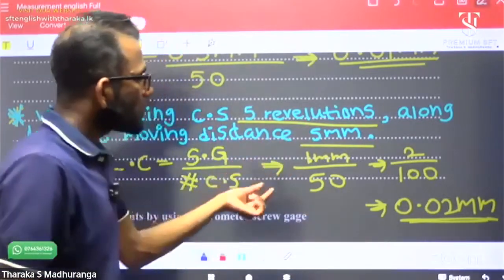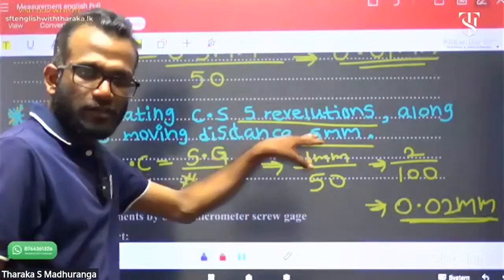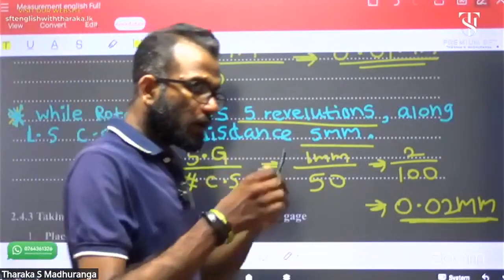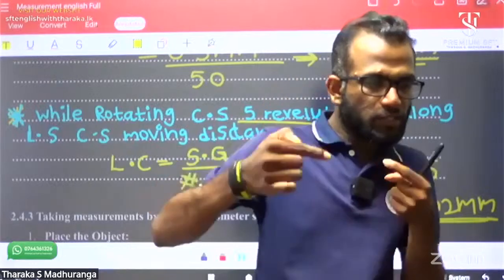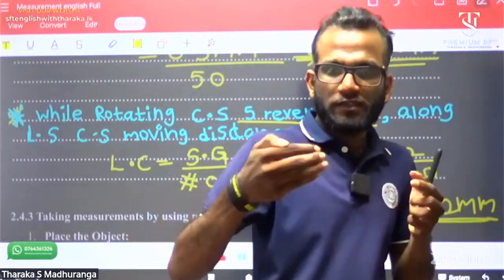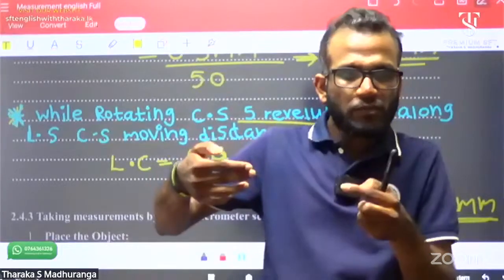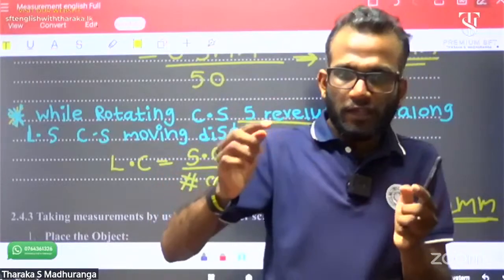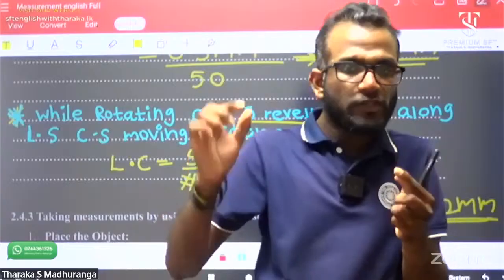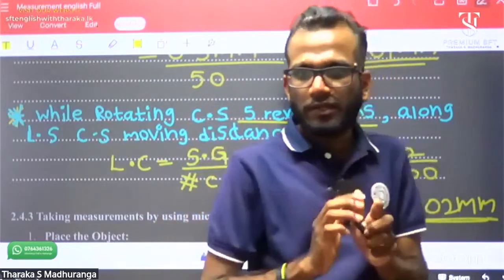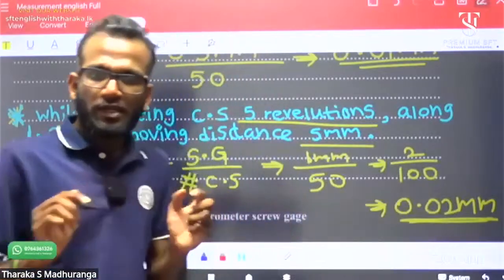Do you have any doubt about this screw gap calculation? Screw gap means the distance the circular scale moves while rotating one complete revolution. If it moves 5 millimeters within 5 revolutions, then 5 millimeters divided by 5 is the distance for 1 revolution, which is 1 millimeter.